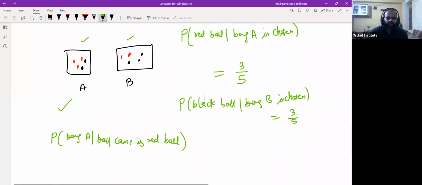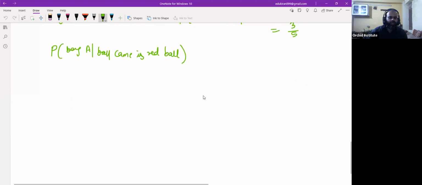Earlier what we were doing is probability of A given an event.